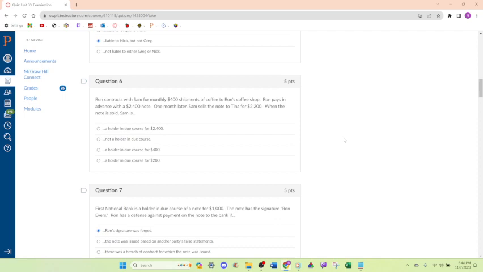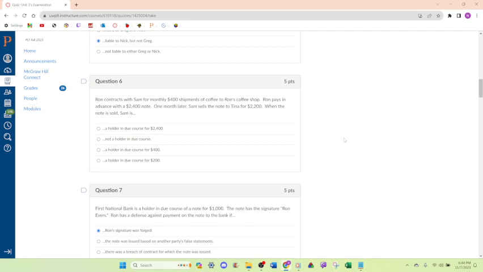So here's the original thing. Ron gives Sam the $2,400 note. Okay, what is going on here? What is actually happening right now? Whatever this stupid concept is, we didn't learn it.